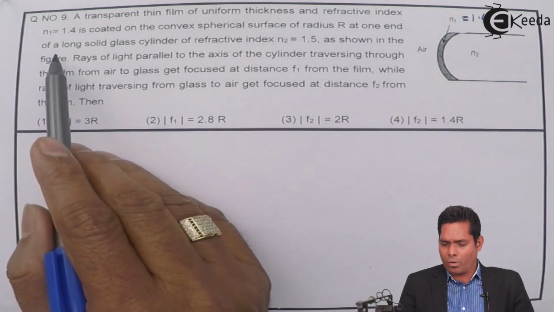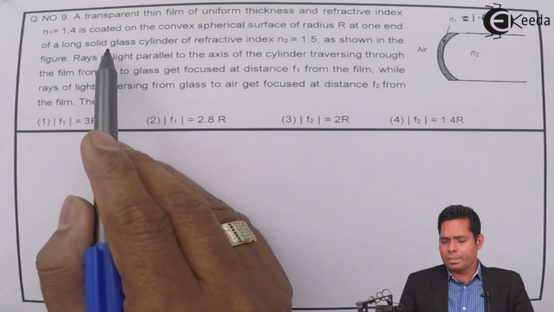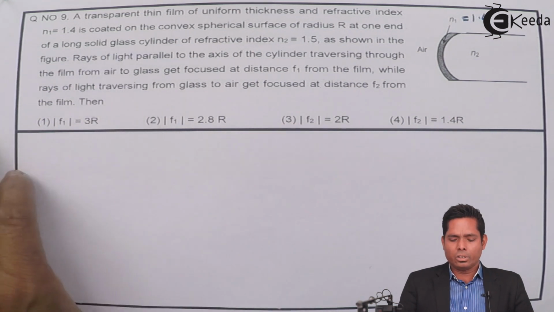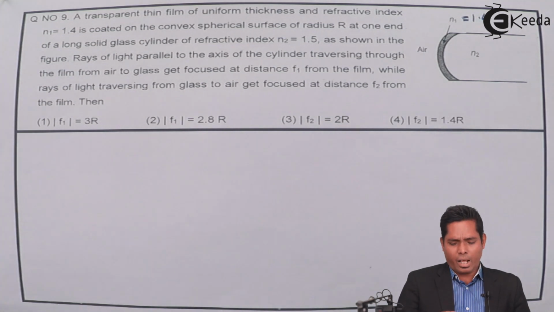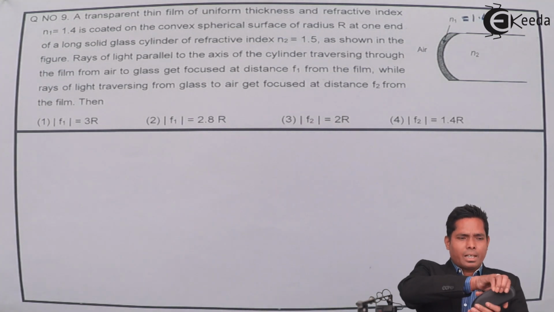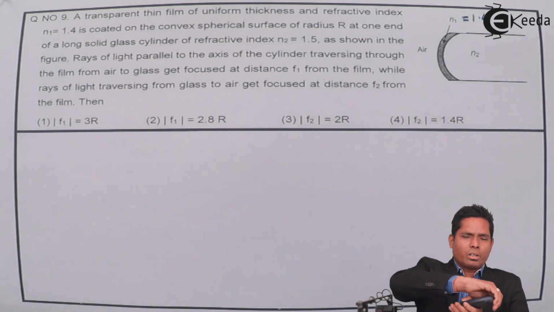At one end of a long solid glass cylinder. So this is basically a solid glass cylinder like that, and this one is convex.